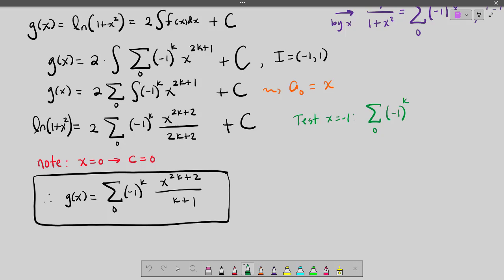So if you plug a negative 1 in and you have an even exponent all the time, just 1, positive 1. So we get a positive 1 over k plus 1. So there's a series. This is chapter 10 now. That's a series of numbers, no powers of x. Is it alternating or not alternating?